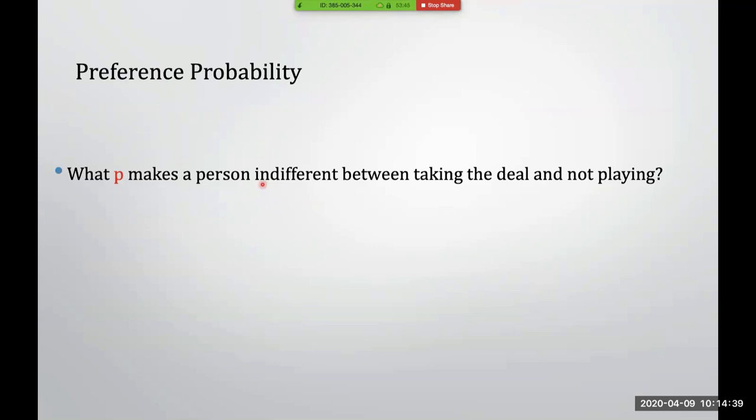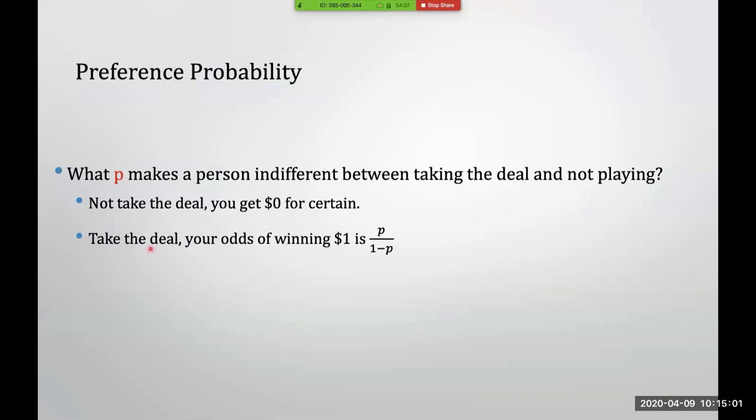Whenever we say indifferent, that involves 2 options, taking the deal or not taking the deal. What would not taking the deal entail? If you do not take the deal, meaning you're not winning or losing a dollar, you're just getting $0 for that situation. And if you take the deal, then you have an odds of winning a dollar, which is equal to P over 1 minus P.